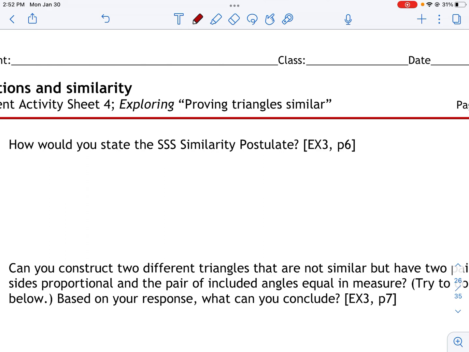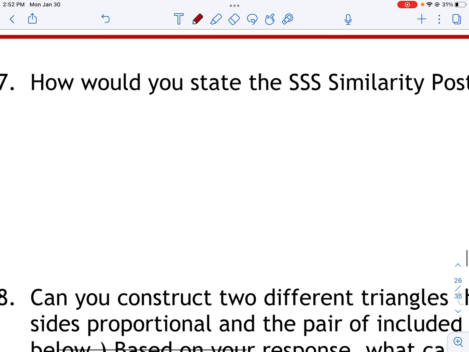Number 7, we're going to go a little bit deeper. We're going to talk about SSS, aka side, side, side. How would you state the side, side, side similarity postulate?